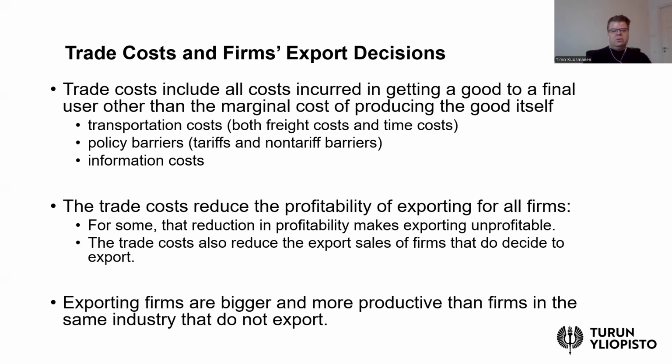And that also relates to productivity, so that the more productive firms tend to export, because more productive firms have the lower marginal cost. So these observations support the typical empirical patterns that we also observe in the data.